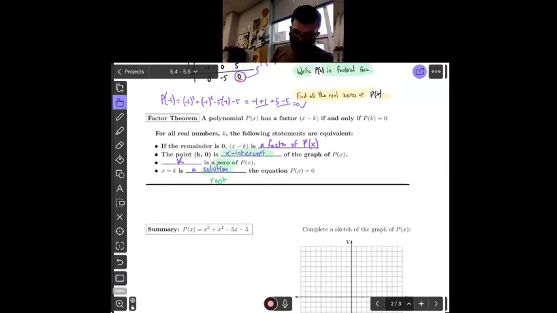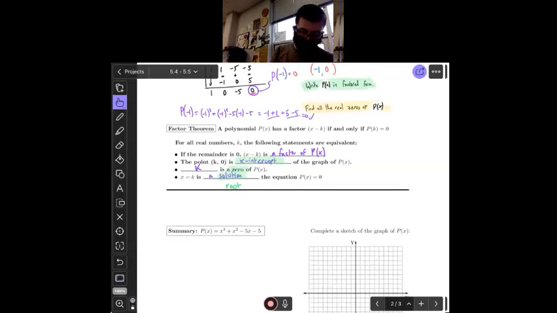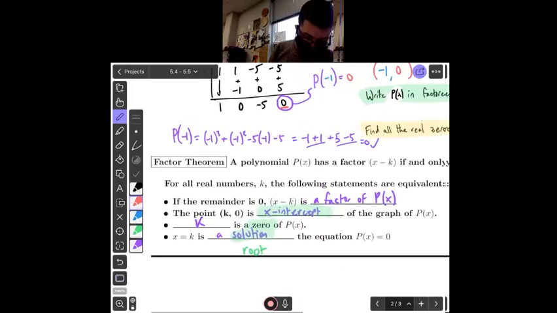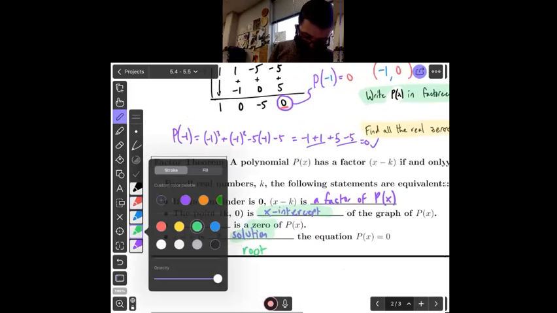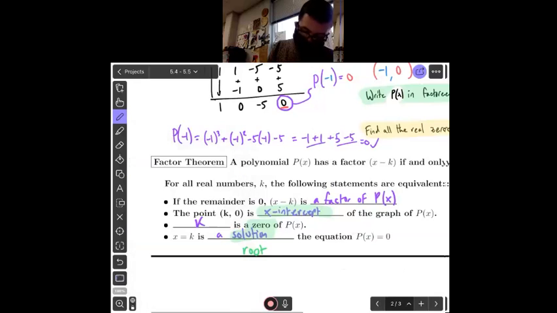Okay, so let's finish this up. I want to write this function in factored form, and we're going to find the zeros, and that's going to help us do this graph. I'll come back up here for a second. There was our remainder, and that means that was our constant. Think about what you were doing the other day, rewriting these. We have 1x squared, 0 x's, so I'm not going to write that, and then -5, and there's no remainder.